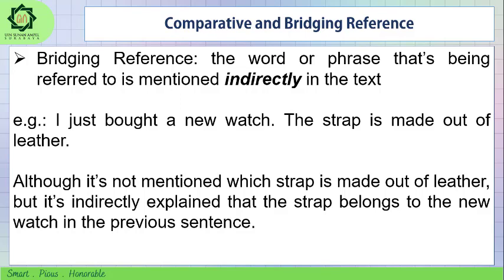So it looks like anaphoric reference, but it is actually not the same as anaphoric reference, because the thing that is being referred to is indirectly mentioned in the text.